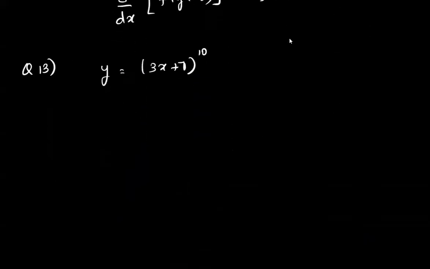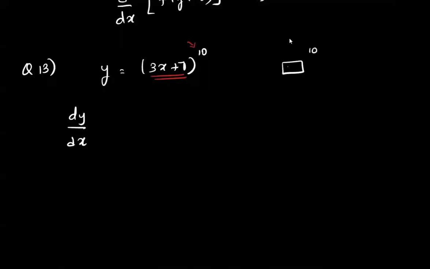Now, if you look at this first problem, this is your inner function. Your outer function is the power function. So when you take the derivative, what would you do here? You will first do the derivative of the outer function. Your outer function is a power function, correct?